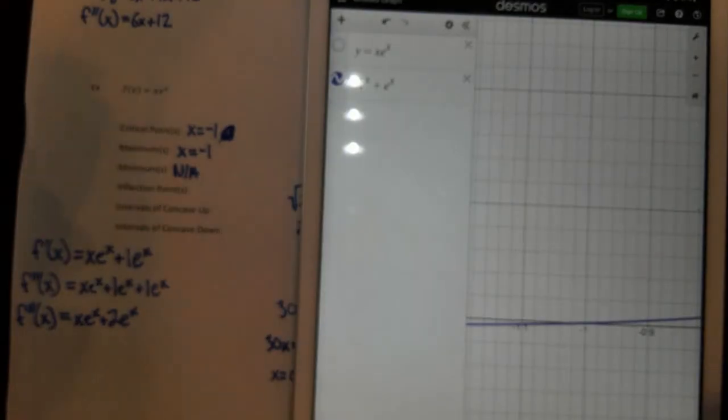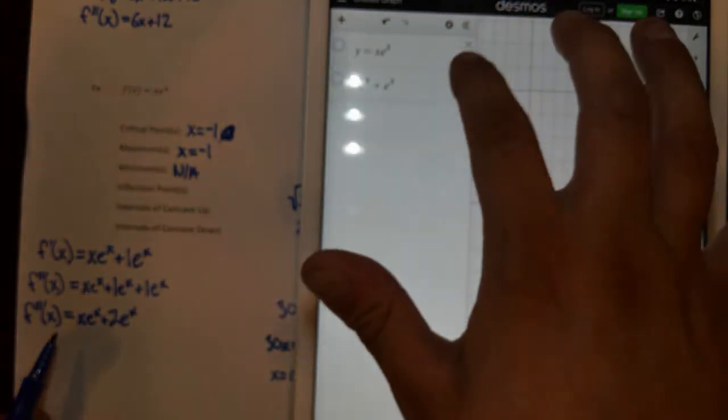Yeah. So, all right. Now let's find the inflection point. So I'm going to go ahead and graph the second derivative here.